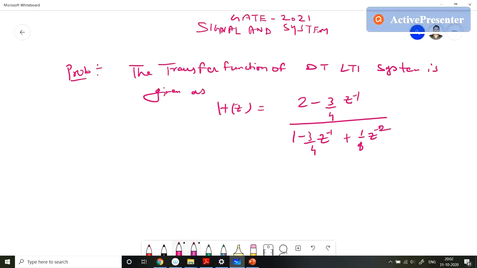So this is the Z transform of the discrete time LTI system.